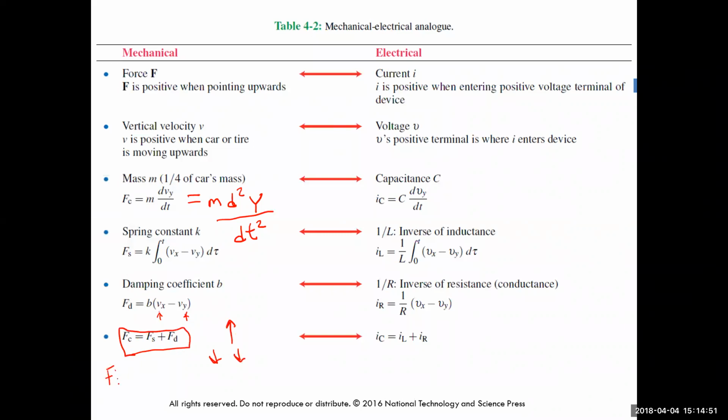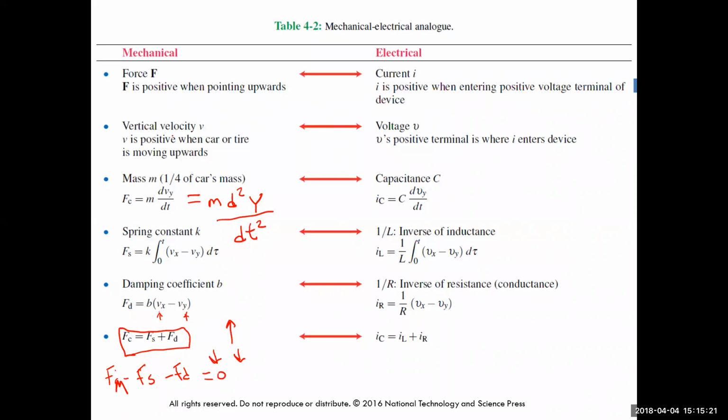So you would have Fc minus Fs minus Fd. And I think that C really should be mass. I think there's a typo there. Equals 0. And then when you move these over, it's positive, where we talk about the I being positive when going into the voltage terminal of the device, and negative otherwise.